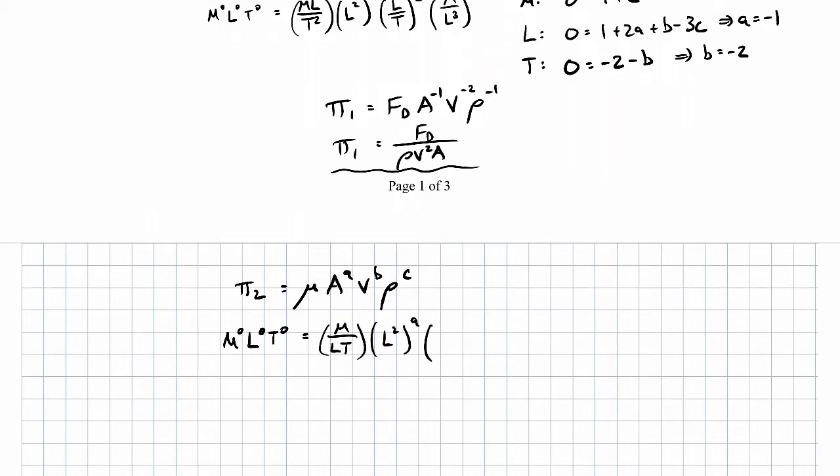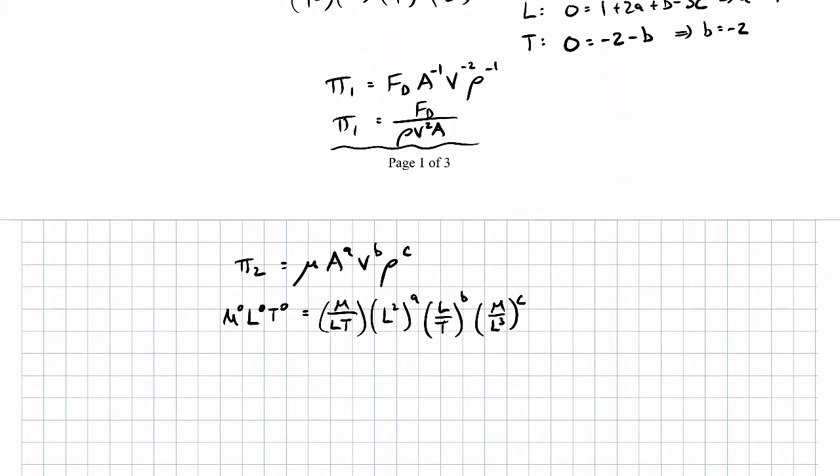Area is L squared raised to the A. Velocity is length over time raised to the B. Density is mass over length cubed raised to the C. We'll again gather terms. So for mass, we have 1 plus C. Length, on the right-hand side, we'll have minus 1 plus 2A plus B minus 3C. And for the time, on the right-hand side, we have a minus 1 minus B.